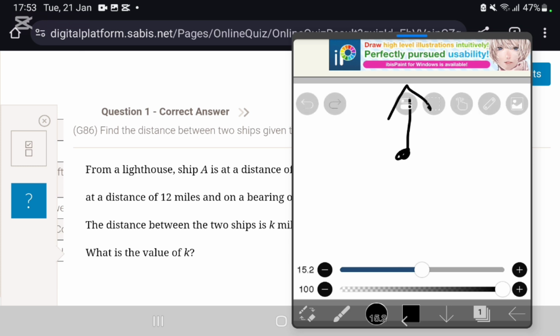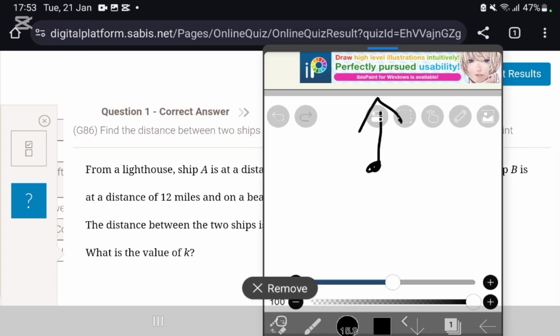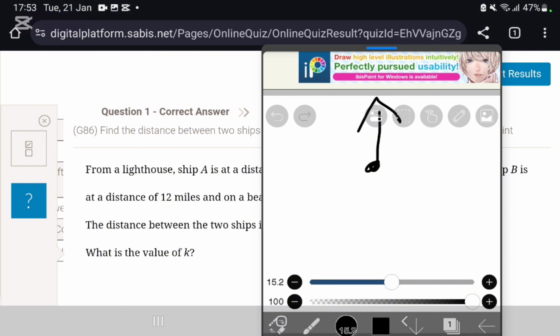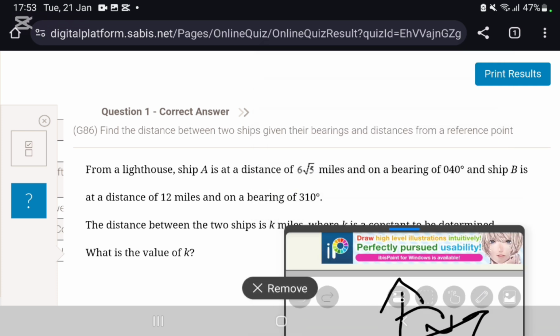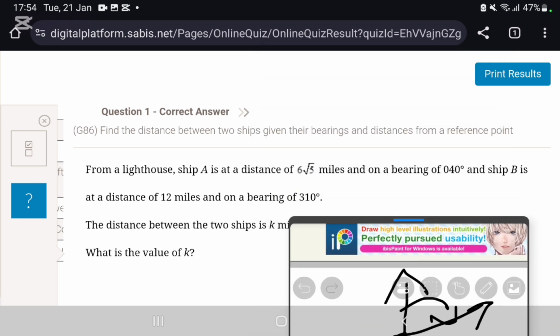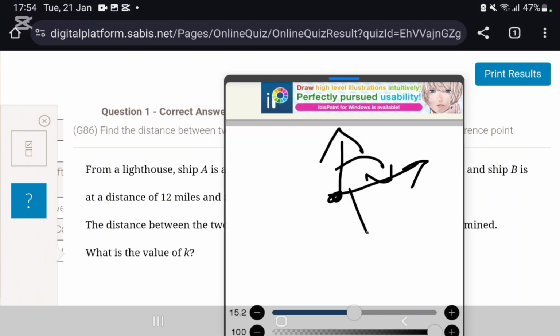So from 40 degrees, we move clockwise, something like this. This is ship A, and ship B is at a distance of 12 miles on a bearing of 310 degrees. So this is 6 radical 5.